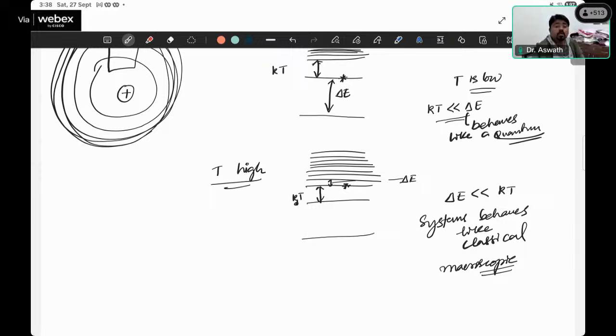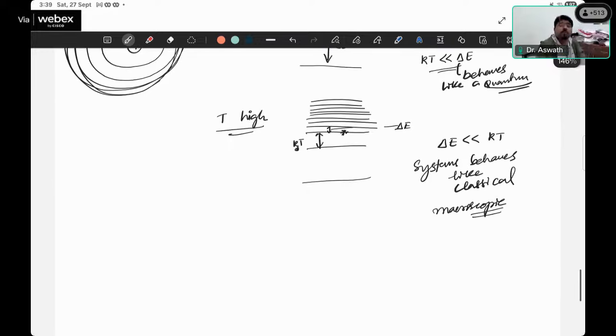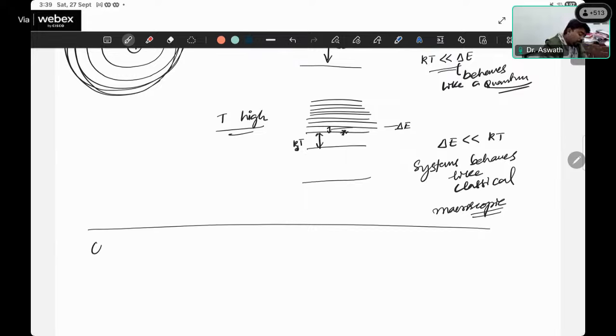Okay, right? So as you know, you can treat a classical harmonic oscillator. Even for the classical harmonic oscillator, you can derive that the overall energy is simply half kT plus half kT, which is kT. Why am I saying this? A classical harmonic oscillator means a spring mass system.